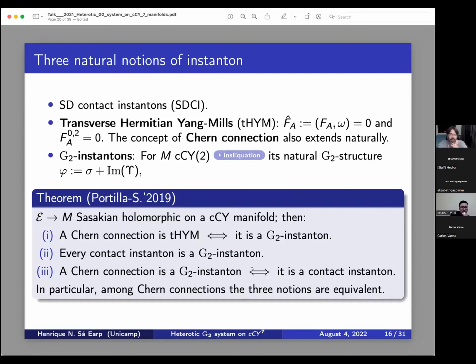The main takeaway lesson is that if you define a natural notion of transverse Hermitian Yang-Mills, which is just the literal transverse analog of what we had before, and if you define G2 instantons with respect to the G2 structure, then if moreover you're Sasakian, so I should mention there's a good notion of Sasakian holomorphic bundles over such manifolds, you ask for some sort of compatibility between a transverse holomorphic structure on the manifold and on the fibers of a vector bundle.